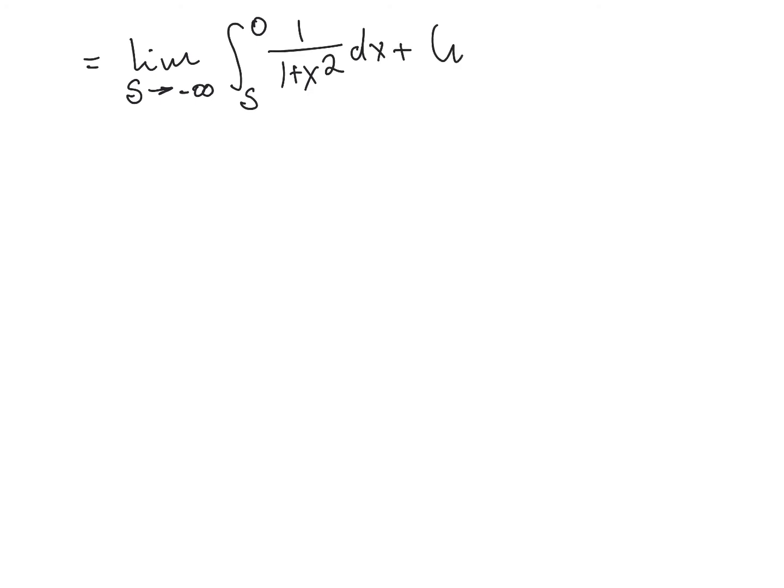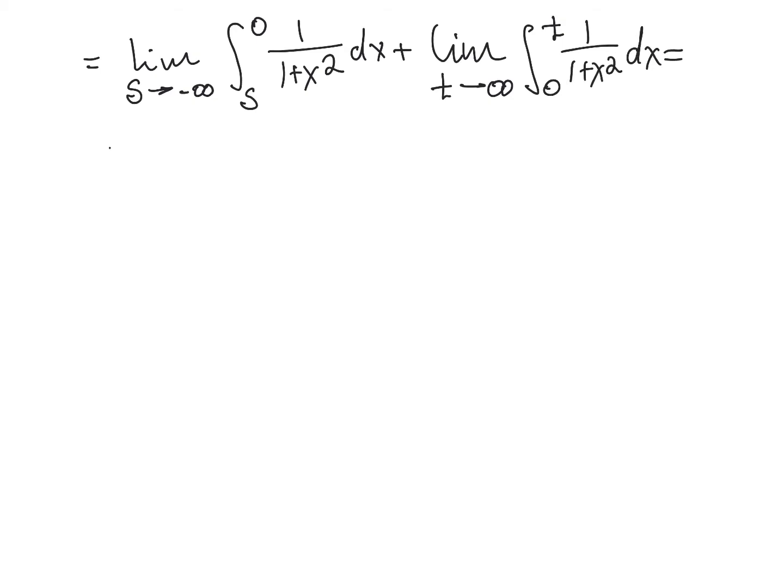And the two integrals are improper, so we can write them in limit form. First one is the limit as s approaches negative infinity of the integral from s to 0 of 1 over 1 plus x squared dx. And the second one is the limit as t approaches positive infinity of the integral from 0 to t of 1 divided by 1 plus x squared dx.